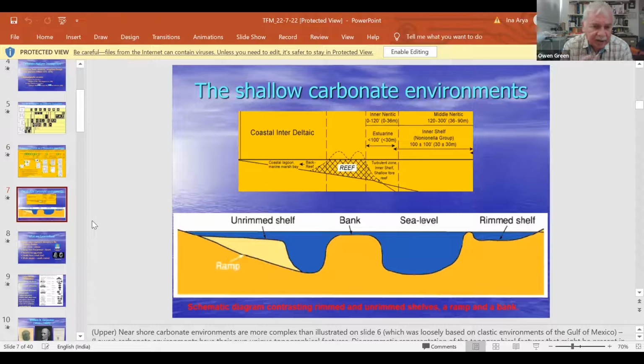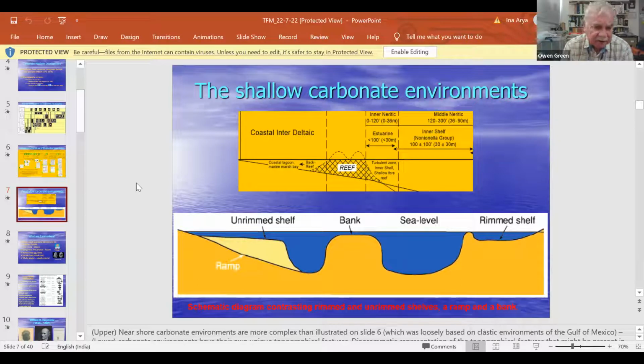And so this is the area that I want to mainly concentrate on, because that's where most of the assemblages that I'm looking at come from. Although we have at the top the blow up of the nearshore area from the previous diagram by Berger et al., I've also included another schematic diagram showing you what you might find in some of the carbonate environments.